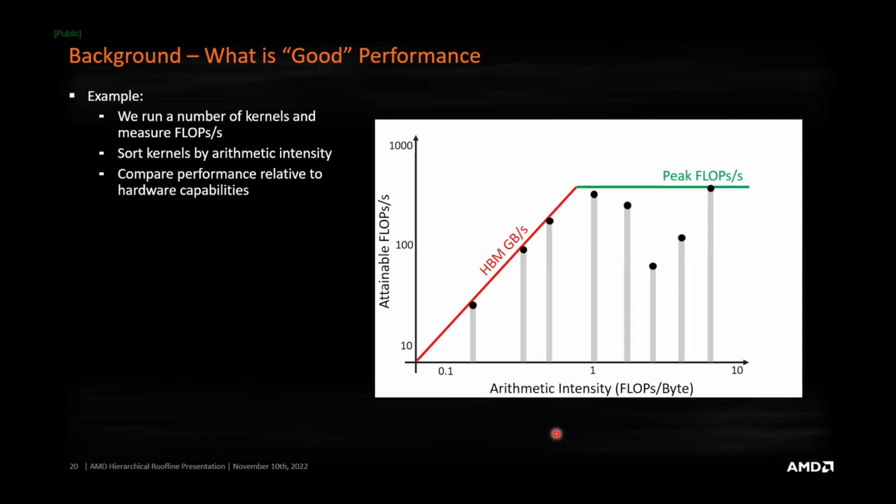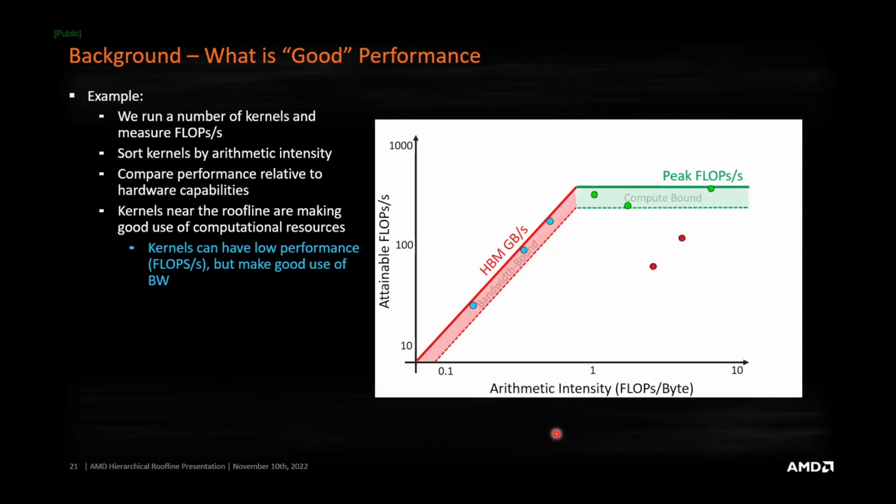So for this given workload, this arithmetic intensity, this number of flops per byte that we're computing, we can't really do any better on this hardware. We're limited by the bandwidth. If we wanted to improve performance, we're looking at things like changing our algorithm, some pretty drastic changes in order to move it to a higher arithmetic intensity.